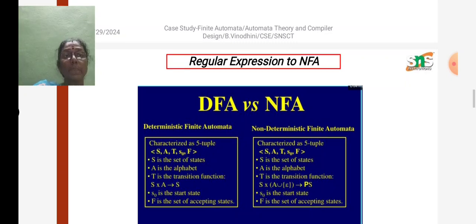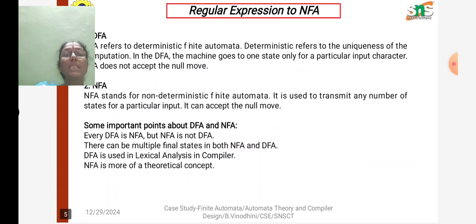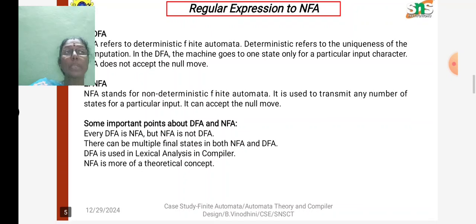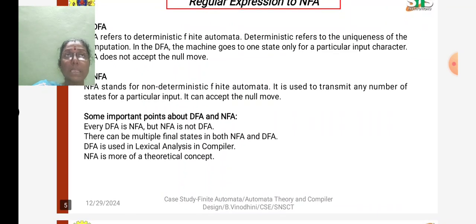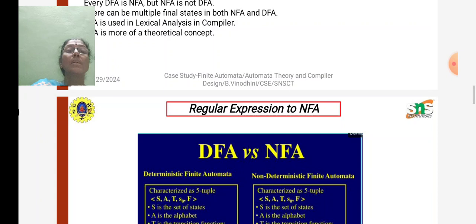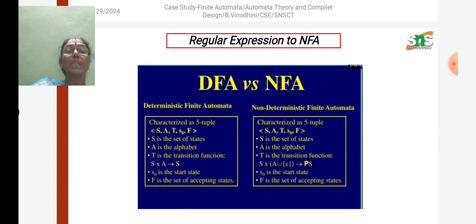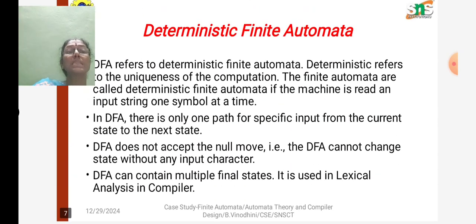But in the non-deterministic finite automata, for a single input symbol, we can transition to any number of states. That is the main difference between NFA and DFA. Also, an NFA can contain epsilon transitions, but a DFA should not contain epsilon transitions. So these are the DFA and NFA tuples. The only difference is in the type of transition function.